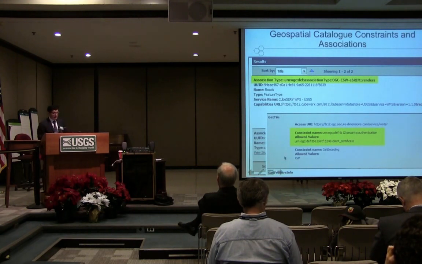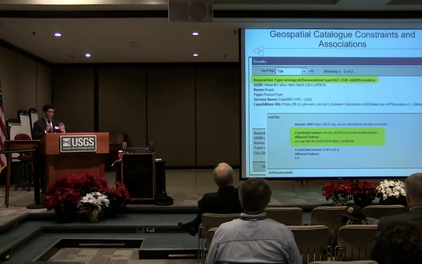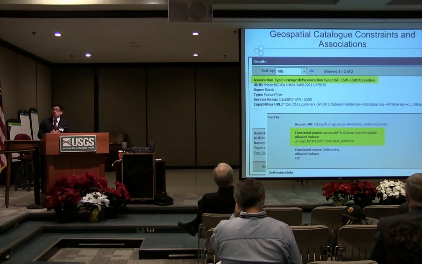The advanced catalog capabilities enable the linking of catalog records with services, layers, features, and others. So at the moment of cataloging, we can create these rich associations, but we can also provide constraints related to security and access of data.